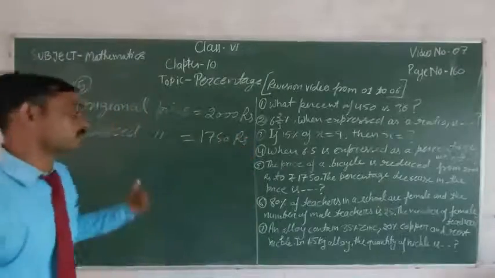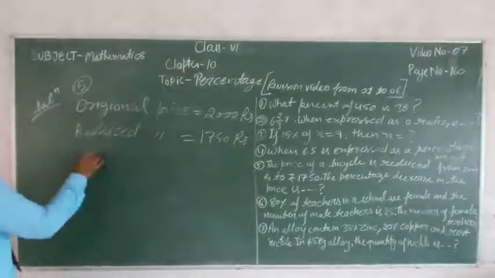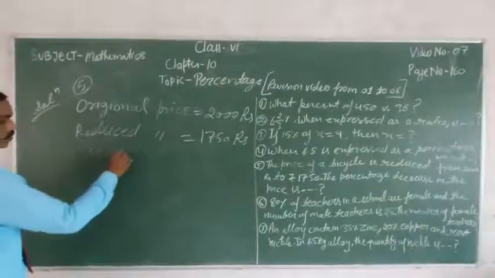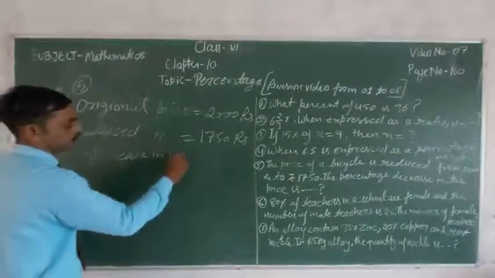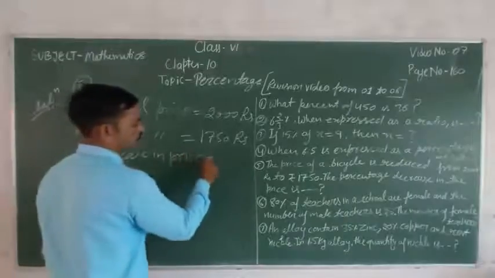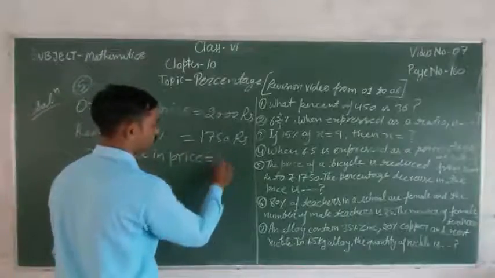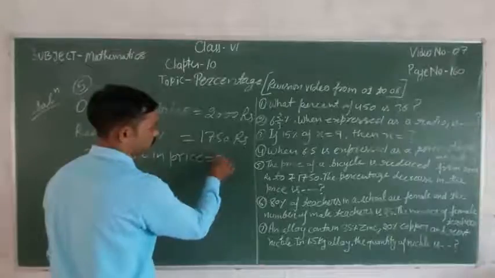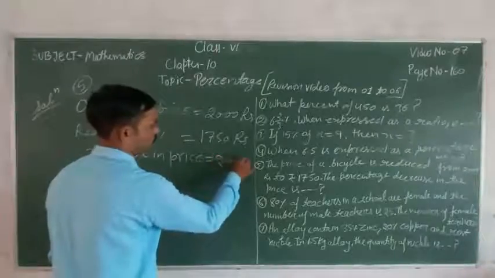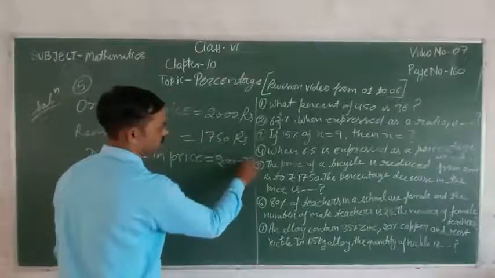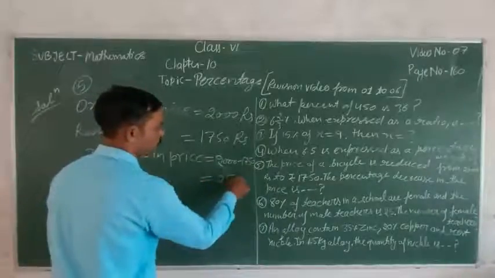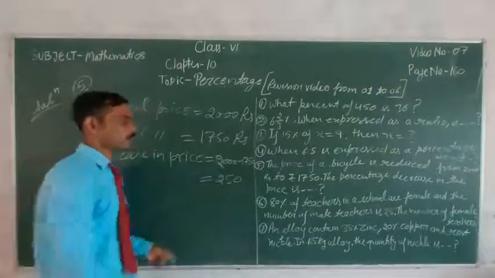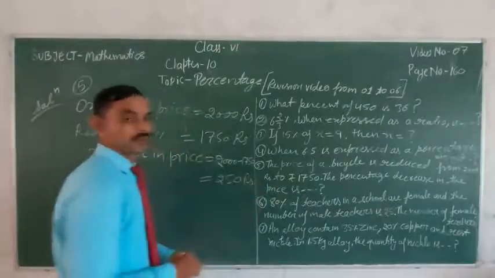Now we can write decrease in price: 2000 minus 1750, that is 250 rupees. This much is the decrease in the rate or price.